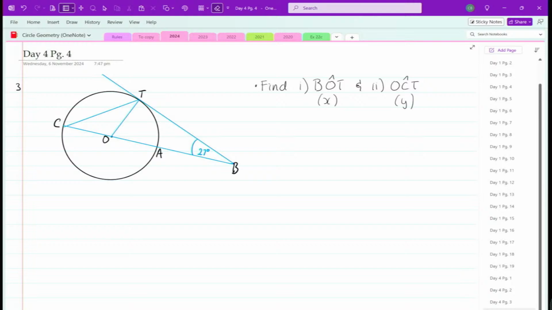What was the explanation for OCT? I think you found X, which was 63. So you're going to take away the 63 from the 90, because these two things together are already 90 degrees.